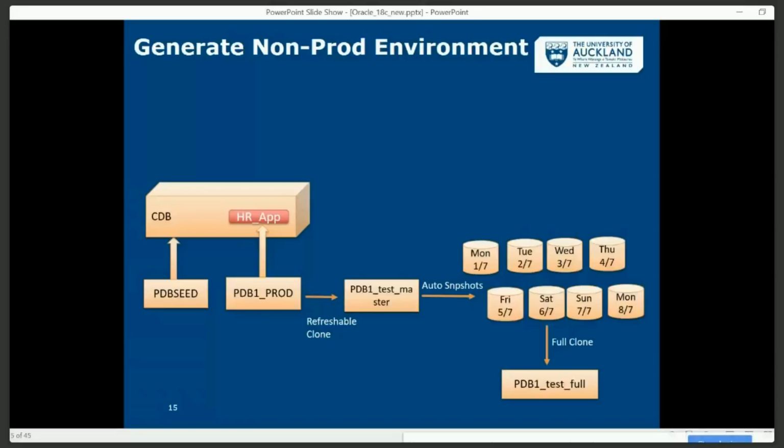You can take any example. If I restored it from Saturday's copy, but that is not the one I want, I want Monday's copy, I can restore the PDB from Monday's copy.